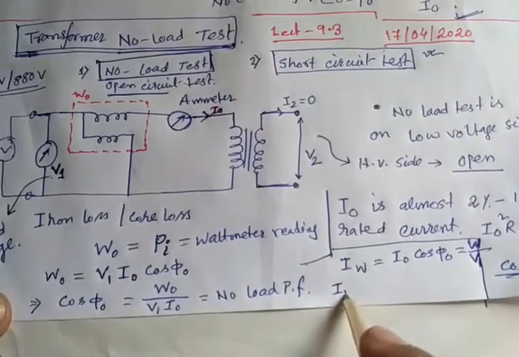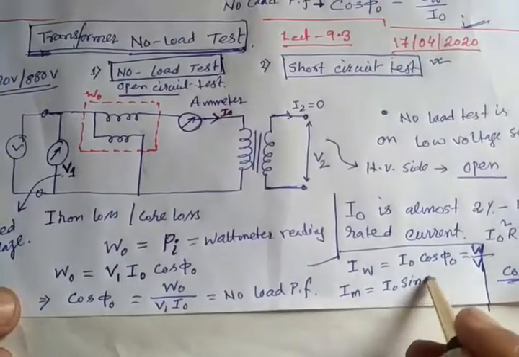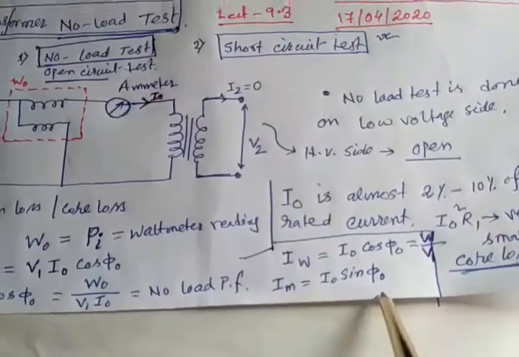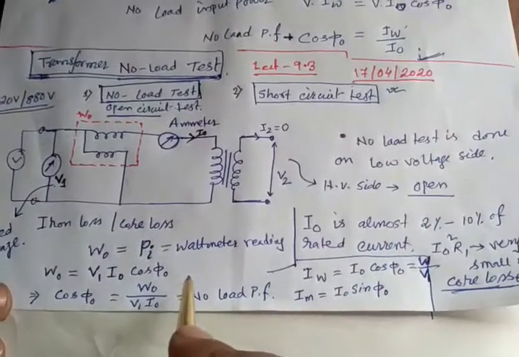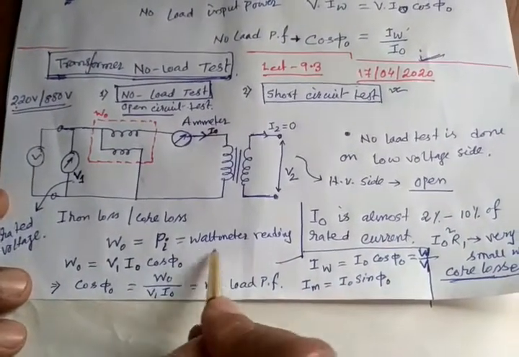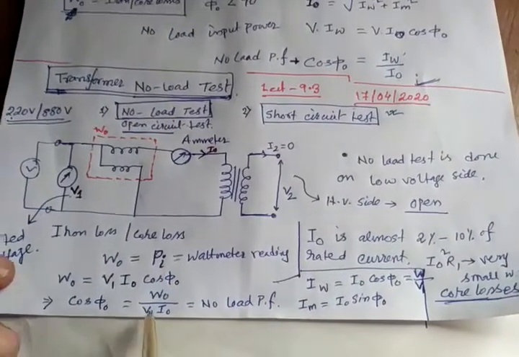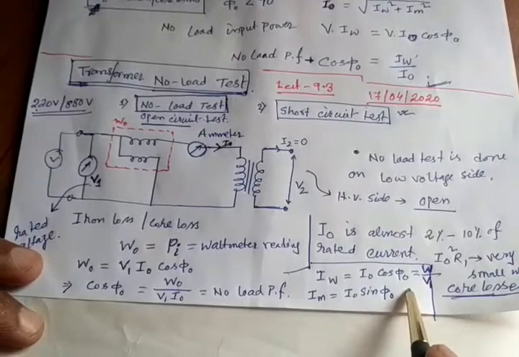And IM is I0 sin phi 0. As we know cos phi 0, we can also find the sin phi 0 value. So using this test, from the wattmeter reading we get the core loss or constant losses, the no-load power factor, and also the magnetizing current and the workable or active current.